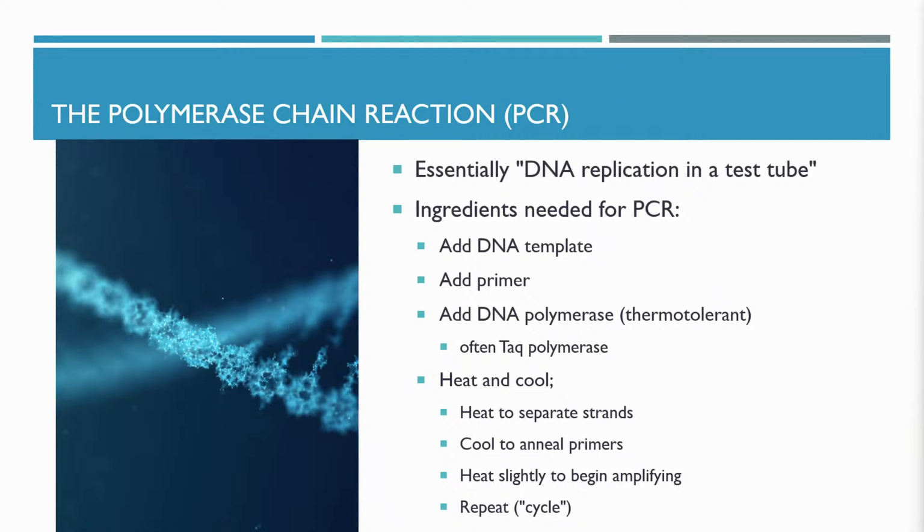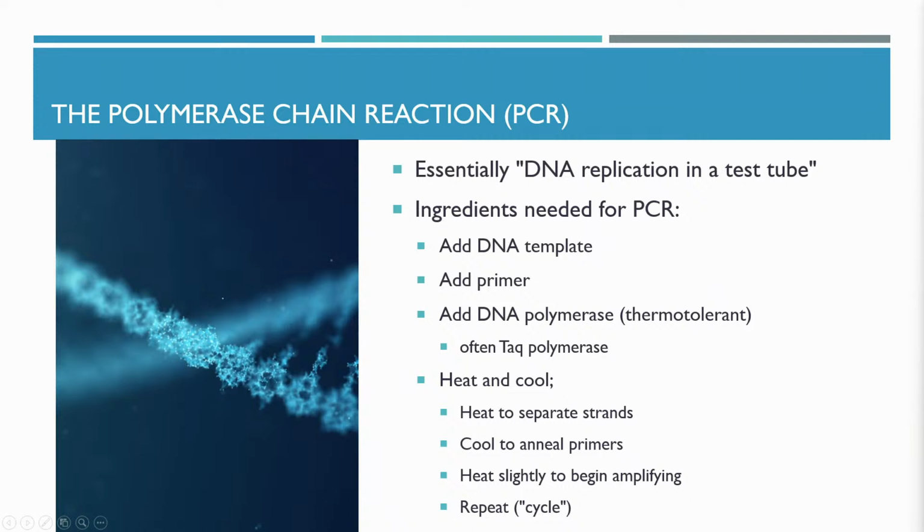If you think that it could be a certain bacteria, for instance, and you know that this bacteria makes a certain gene, then you can put that DNA in a test tube, and then you'll create these things we call primers that align to that gene of interest in that DNA sequence. Those primers will be complementary to the DNA. So you'll put those also in the test tube, and then you'll add a DNA polymerase that will get that reaction going. You'll often have something called a Taq polymerase.